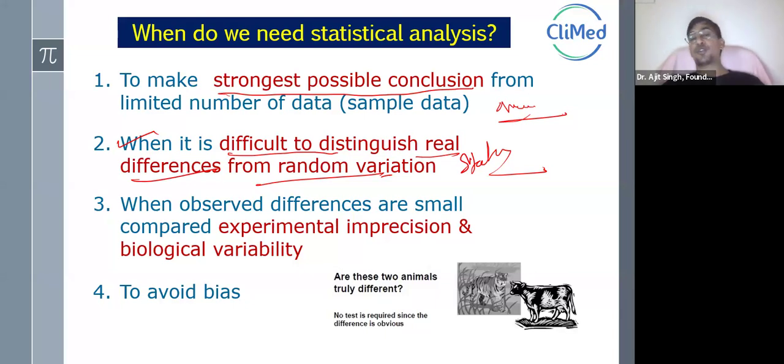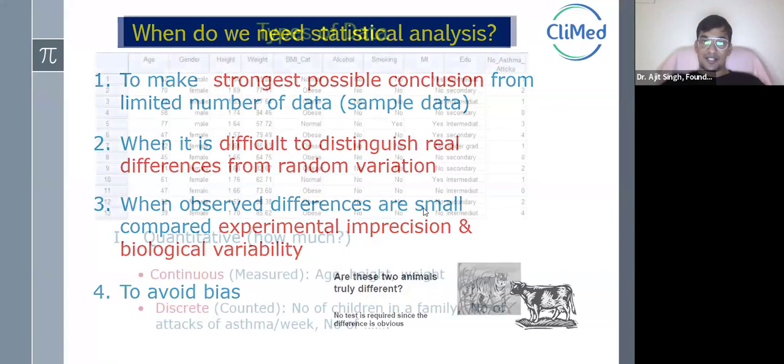See, guys, if you are unsure about the statistical analysis, the data, or the results, please do that. That's why statistics is there. That's why we have the software. That's why we analyze the data, to make the strongest possible conclusions. So that's why we need statistics, right?